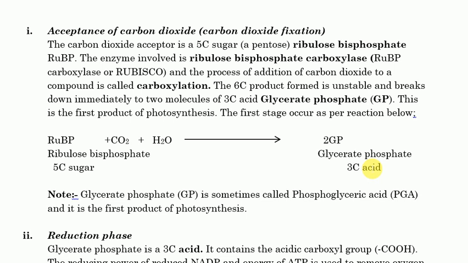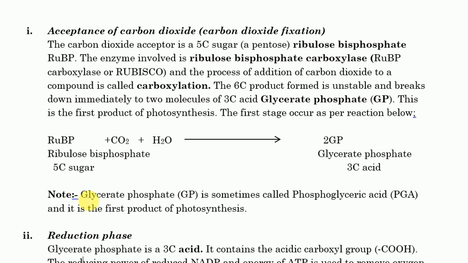Sometimes you can ask, why are we using sugar again to make acid? This is because we are using sugar at first, but in the last stage this sugar will be recycled again. The single carbon which we absorbed here as carbon dioxide is the one used to produce carbohydrate, but this RuBP will be regenerated later in the other stages of the Calvin cycle.